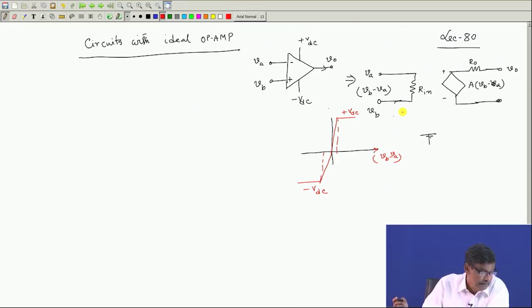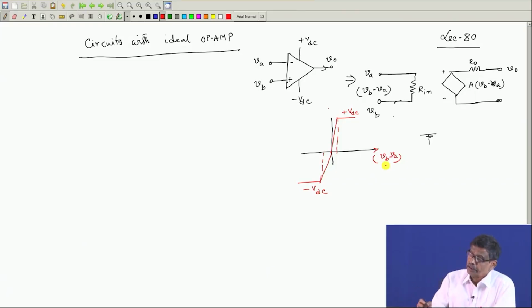Similarly, the input impedance could be 100K to 10 giga ohm, very high, and the output impedance is very low, maybe some 10 to 100 ohms. 100 ohms is a large resistance, but compared to these values it is quite small. That is very important when you neglect some terms.